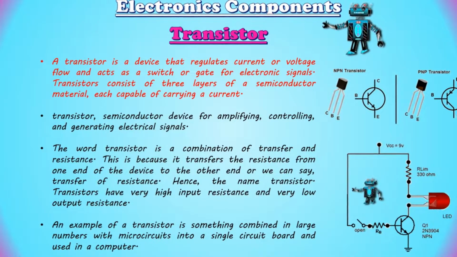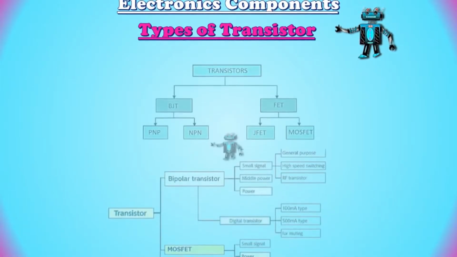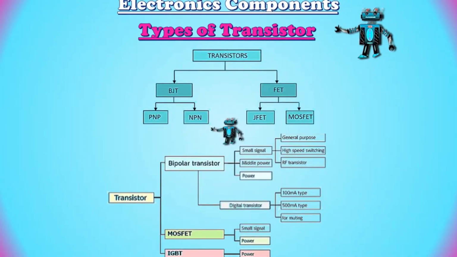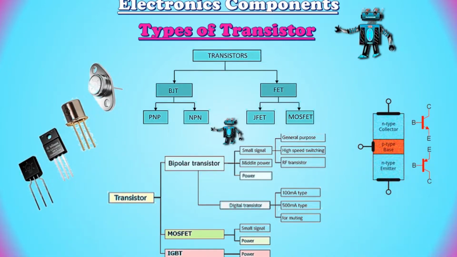Transistors are broadly divided into three types: bipolar junction transistors, BJTs, field effect transistors, FETs, and insulated gate bipolar transistors, IGBTs.